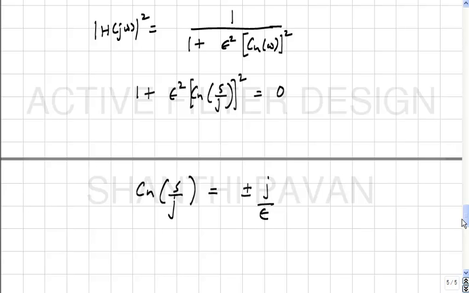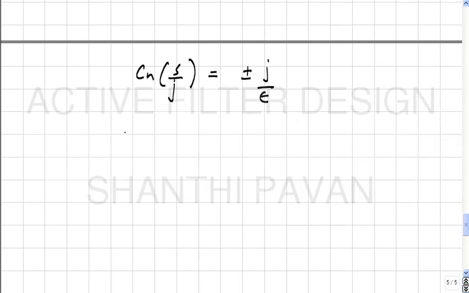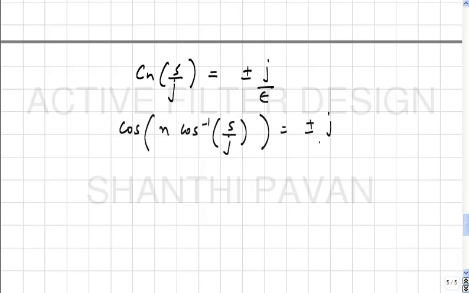Okay. Now, what is Cn of s? We can use one of our favorite identities: cosine of n cosine inverse of omega, which is s by j, is plus minus j by epsilon. We have to find s, so we do it in two steps.